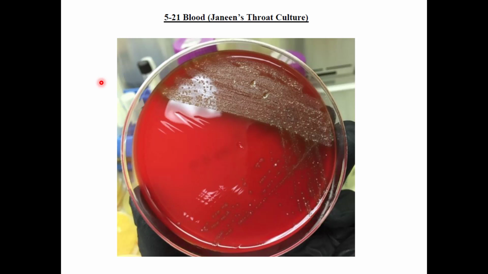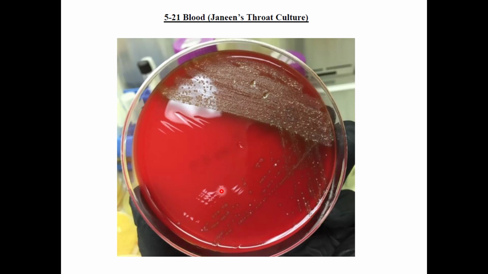Once in a while, we get students that already have some infection going on, even though they don't show any signs and symptoms of sickness, which they may never show, because the immune system is taking care of everything. But it's nice to see the pattern on the plate when we get results like that from students' throats, just getting beta hemolysis.